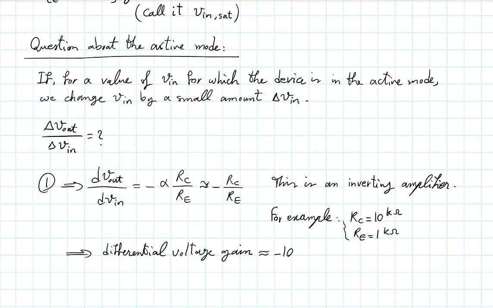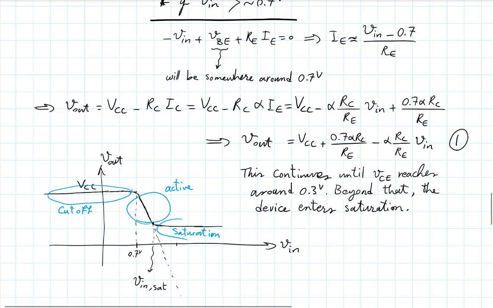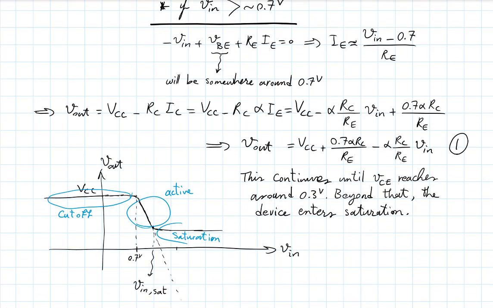Now, this formula is not complete because an assumption has gone into this. The assumption was that once you have reached the active mode, the base emitter voltage stays fixed at 0.7 volts. I made that simplification.